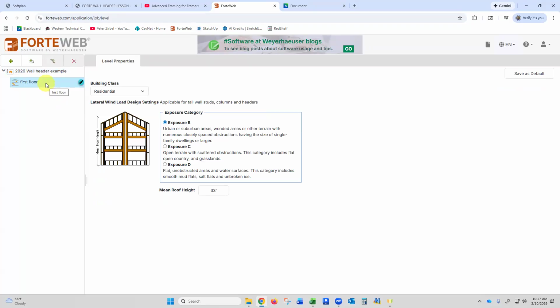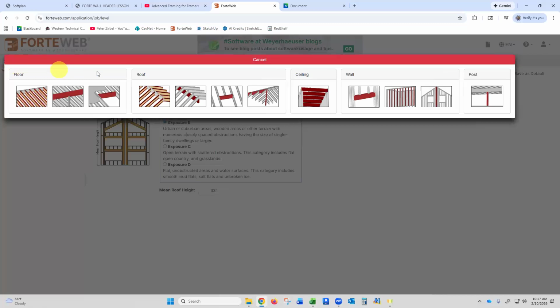Now what we're going to do is set up a wall header. So we're going to hit plus. And the beautiful thing is there's a picture. You don't even have to know how to read, but that is a wall header. So we're going to add that on there.